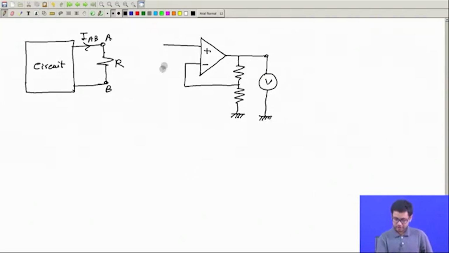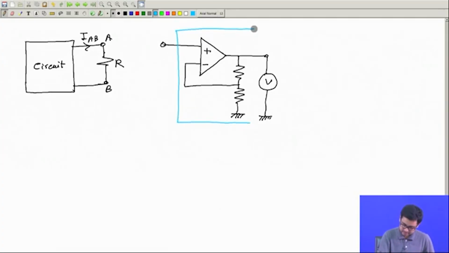So this is the voltmeter, and this is the input of the amplifier. This is of course the voltmeter, this is the circuit, this is the small resistance.